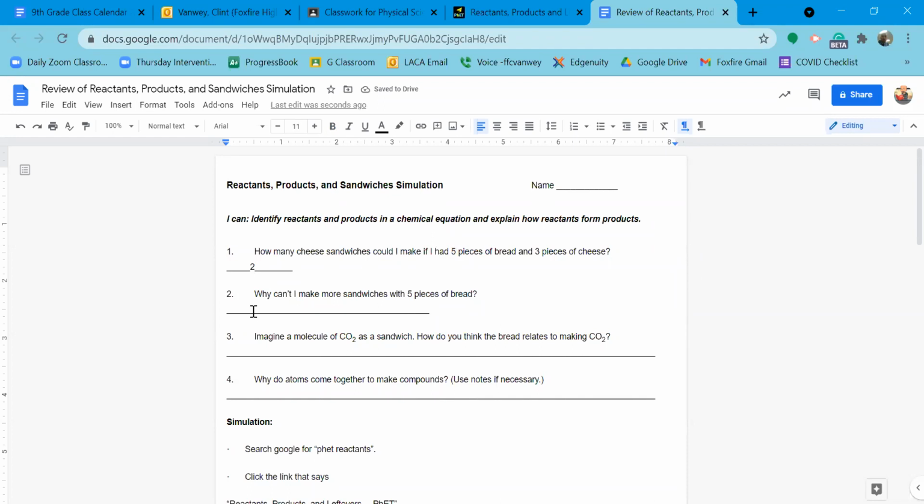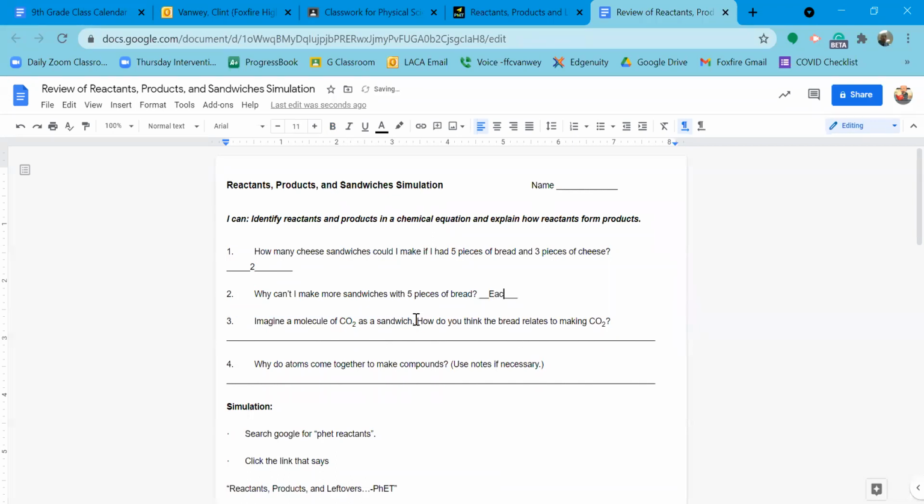Why can't I make more sandwiches with 5 pieces of bread? Each sandwich requires 2 pieces of bread. You can't make a water molecule with just 1 hydrogen. You can't make a sandwich with just 1 piece of bread.